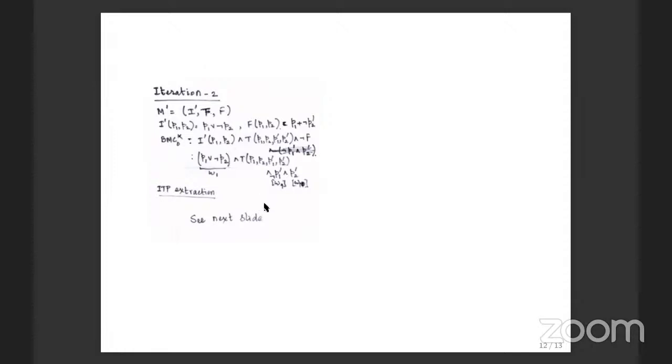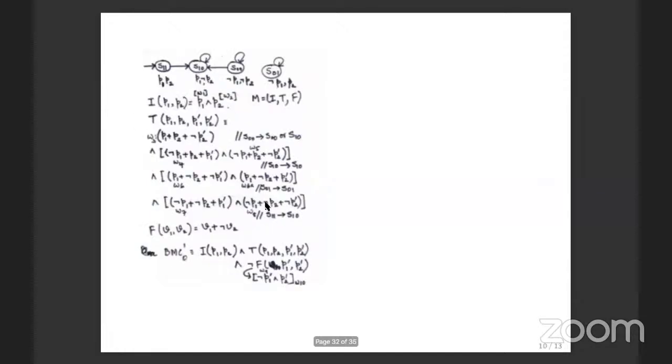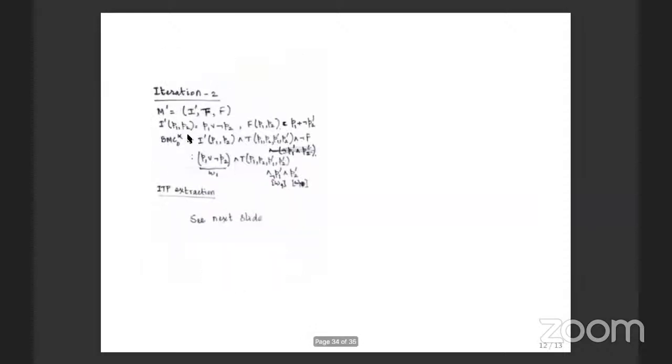Because unfortunately P1 or not P2 is not contained in the initial state, which is P1 and P2. But if you go through one more iteration and then do the extraction, you include that in the initial state, and then do once again one long BMC check.